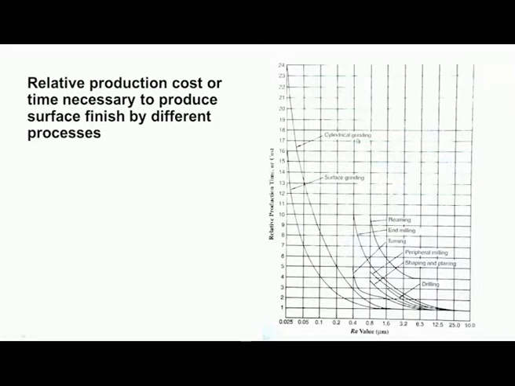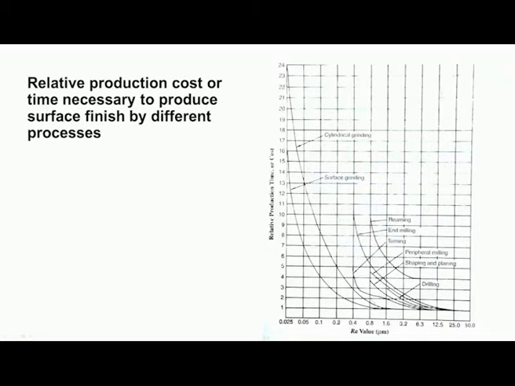Here, cylindrical grinding and surface grinding are able to give very fine surfaces with surface finish of less than 0.4 micrometer Ra. So, naturally the production time is more and production cost is more compared to the other processes.